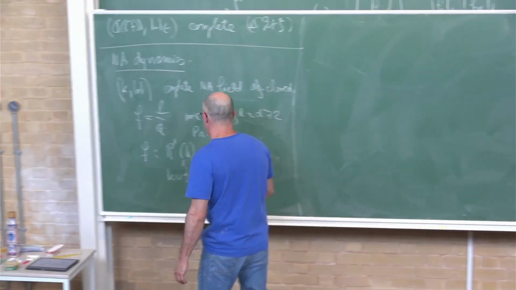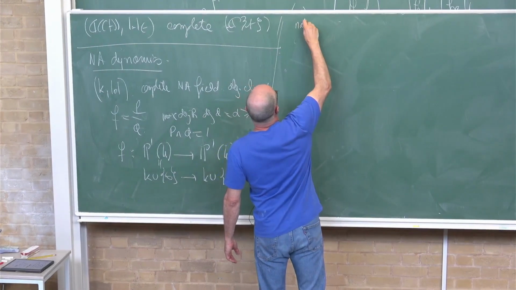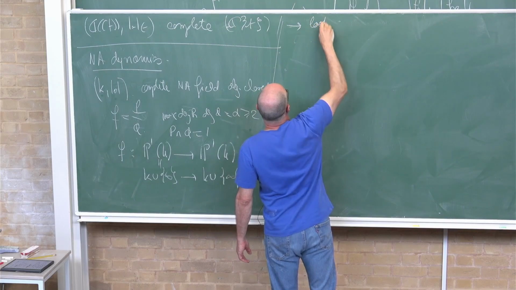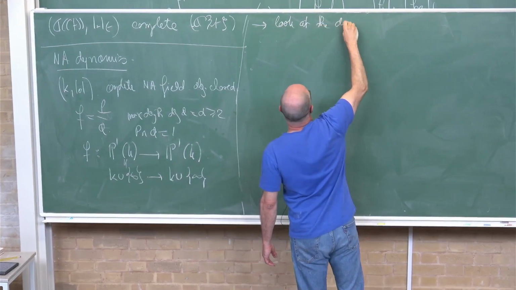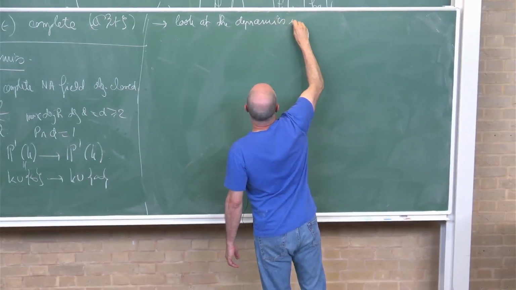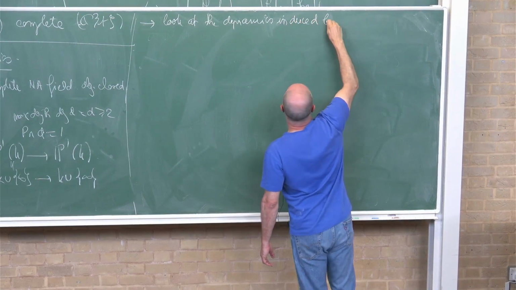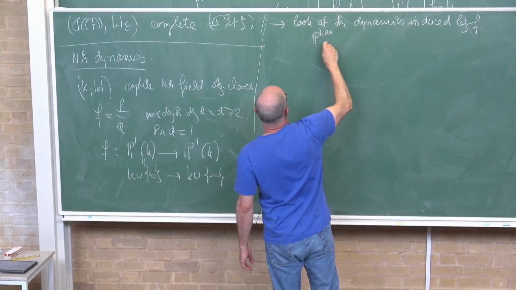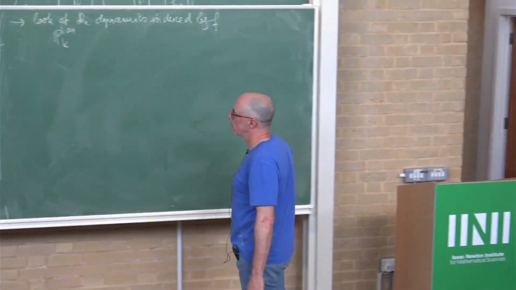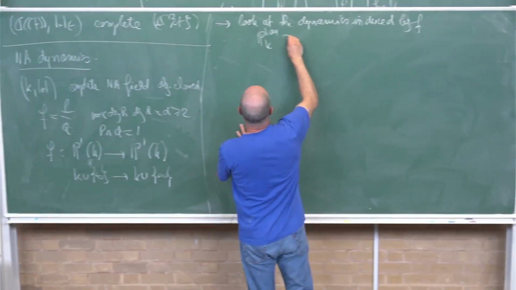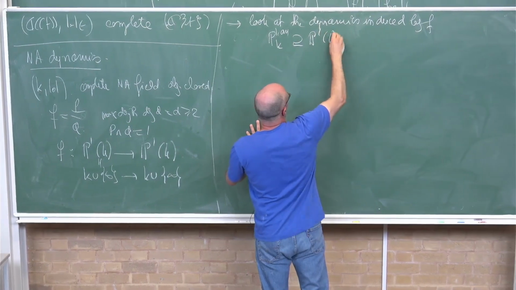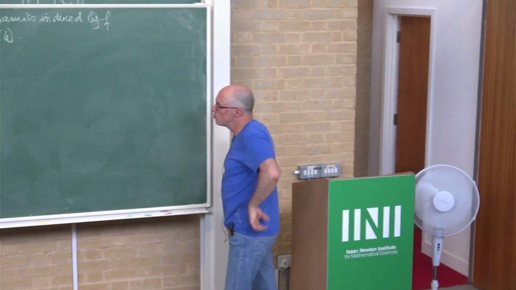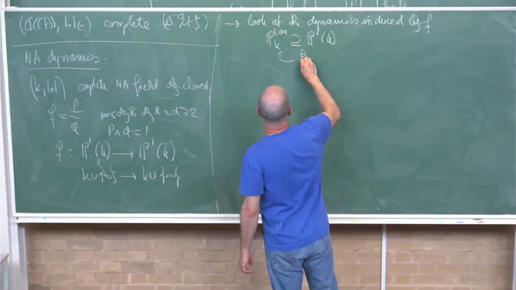Look at the dynamics induced by F on a bigger space, which is called the analytification of the projective line over K, and that will contain this set. There are many ways in which you can analytify an algebraic variety, and we're going to use Berkovich analytification.